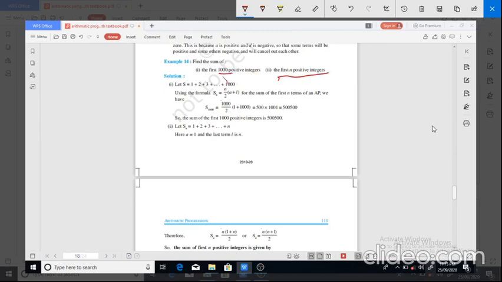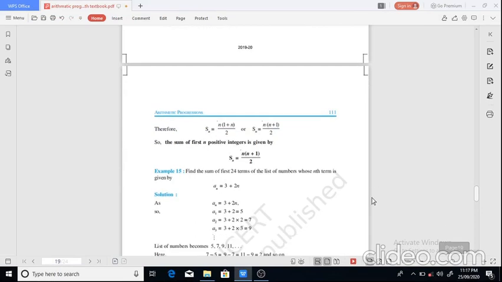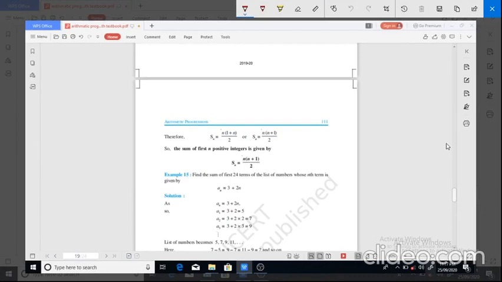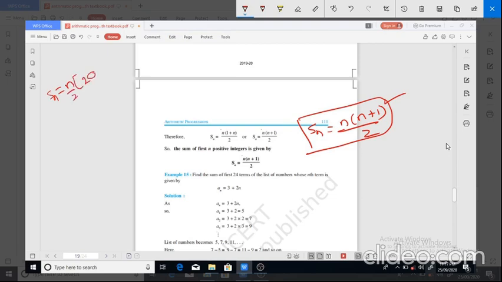Like 100, we have to find the first n positive integers. So the formula for this is Sn equal to n into n plus 1 divided by 2. This is the formula for n positive integers. Okay, so keep remembering this. For sum, we have to know these three formulas. The first one is n by 2 into 2a plus n minus 1 into d.